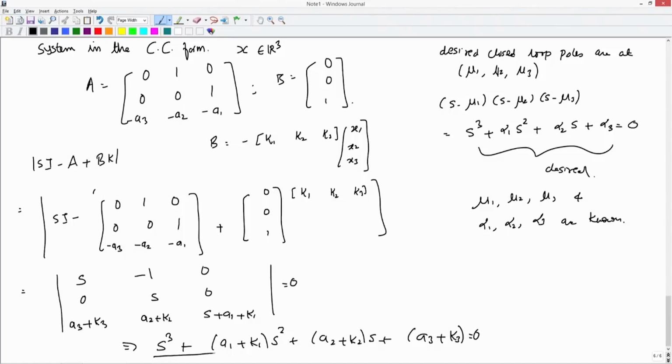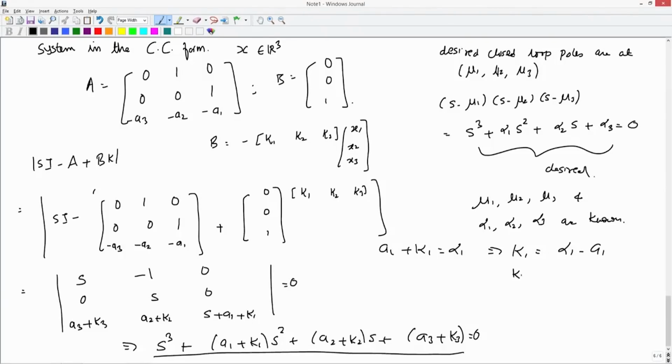Now, I want to compare this with the desired equation, which essentially means that A1 plus K1 is alpha 1, or in other words, the unknown K1 can be determined as alpha 1 minus A1. A1 is known to us from the given system matrix, and alpha 1 is also known as a result of the desired closed loop poles.